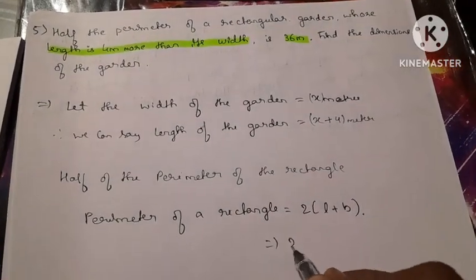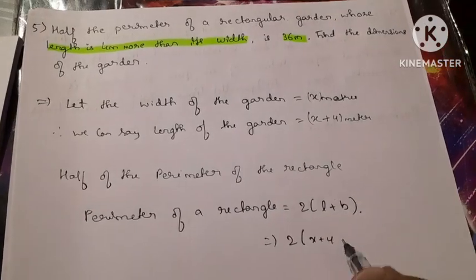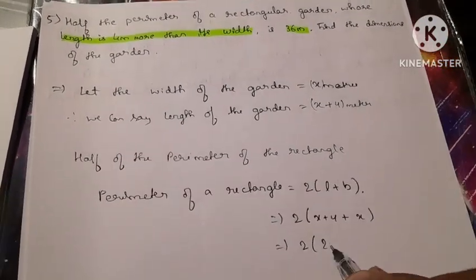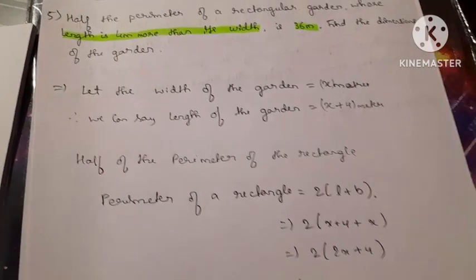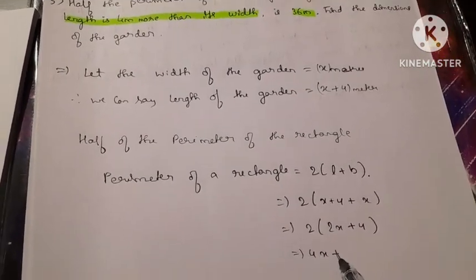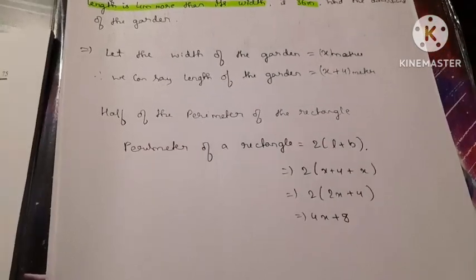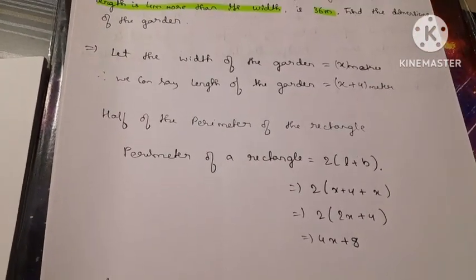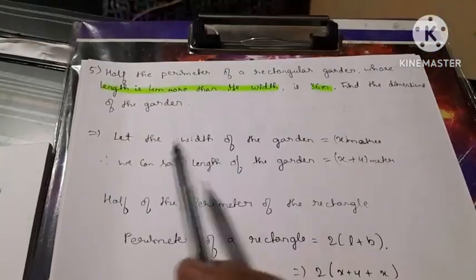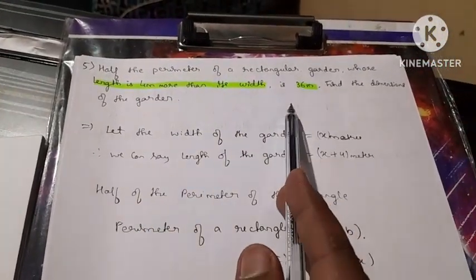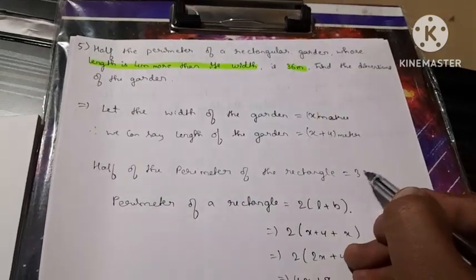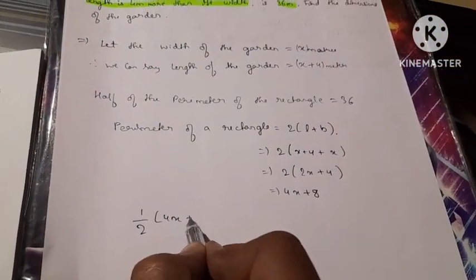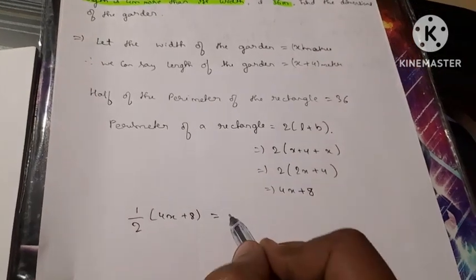So in this case, length is x plus 4 plus breadth is x, so 2 into 2x plus 4. If we remove the bracket, 4x plus 8. So we get this equation. We have to take half of this. So half of 4x plus 8 is equal to 36.